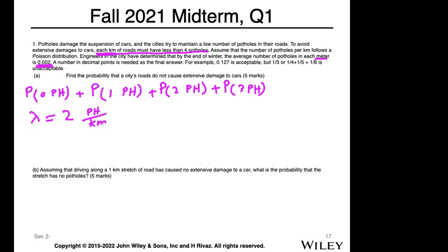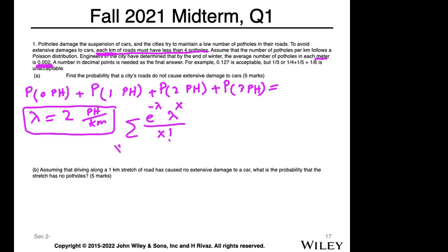I just have to plug into the Poisson distribution. That's going to be equal to e to the minus lambda, lambda to the power x, divided by x factorial, where x is from 0 to 3. So that's it.